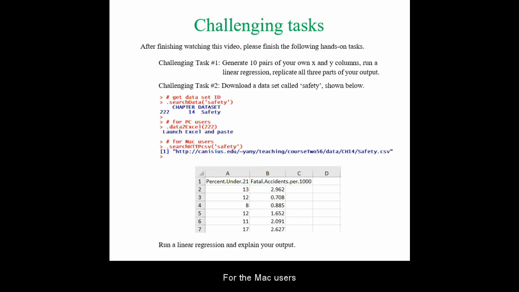For Mac users, you use .search http CSV. The input is safety. After you hit the enter key, you'll see a link. Then you can manually download the dataset. The first several lines of the dataset are given. Run a linear regression and explain your result.